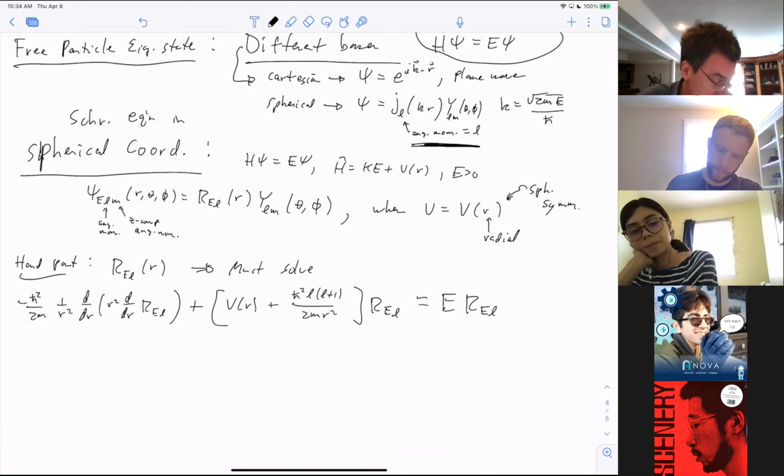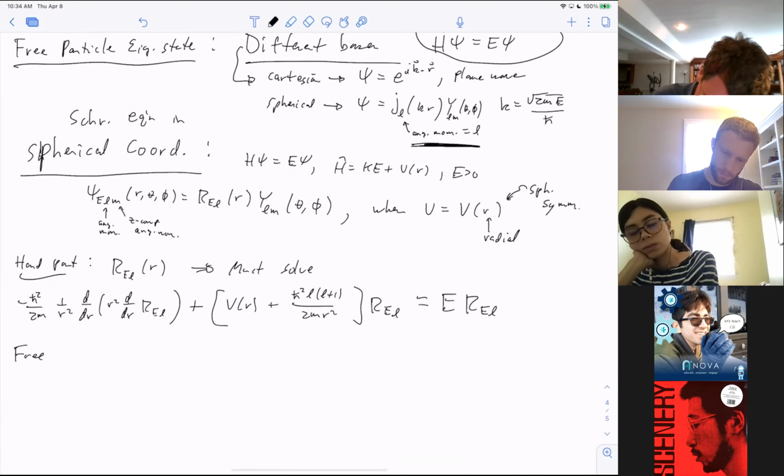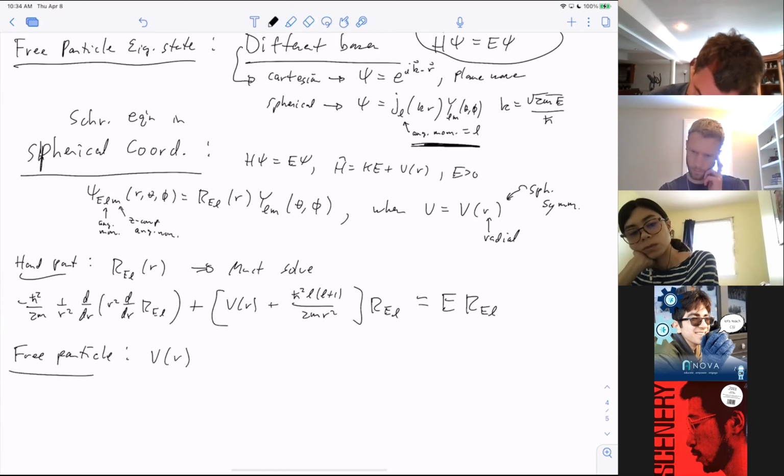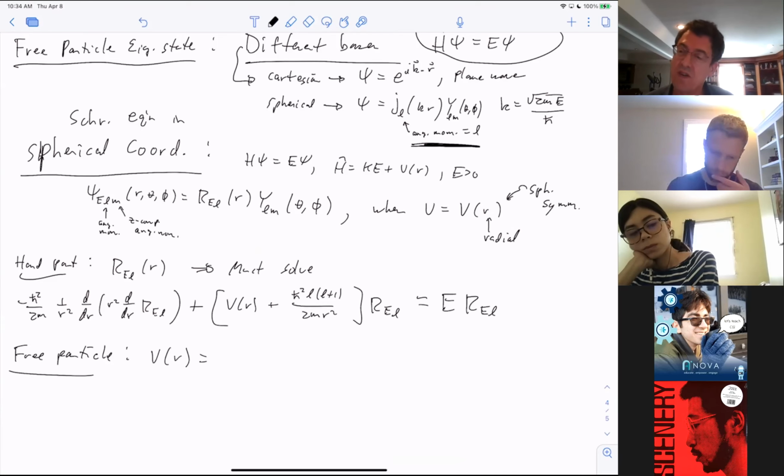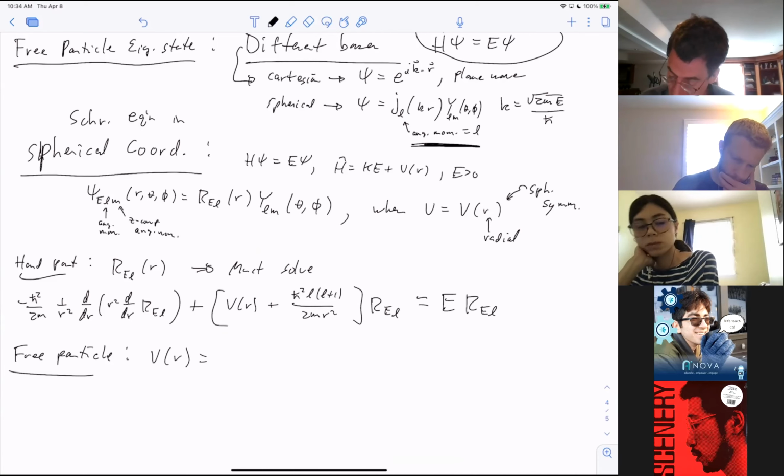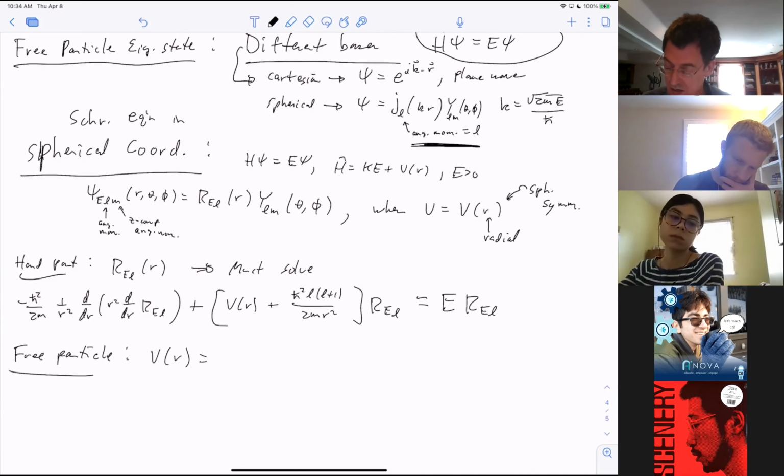For the free particle, what is V of r? Tell me. It's 0, right?